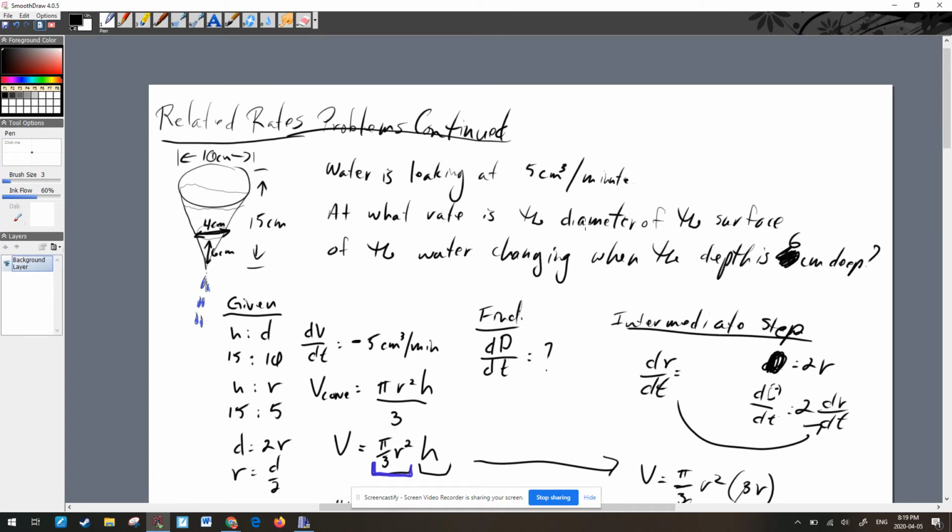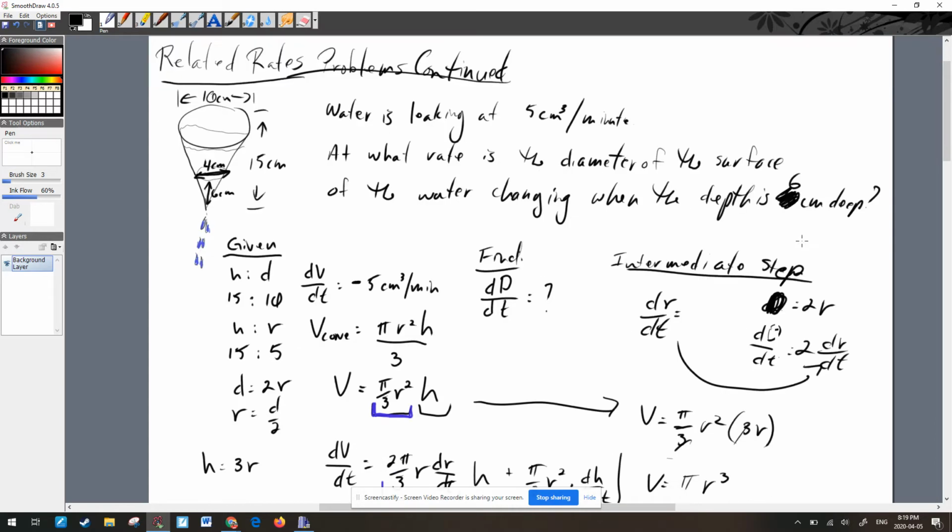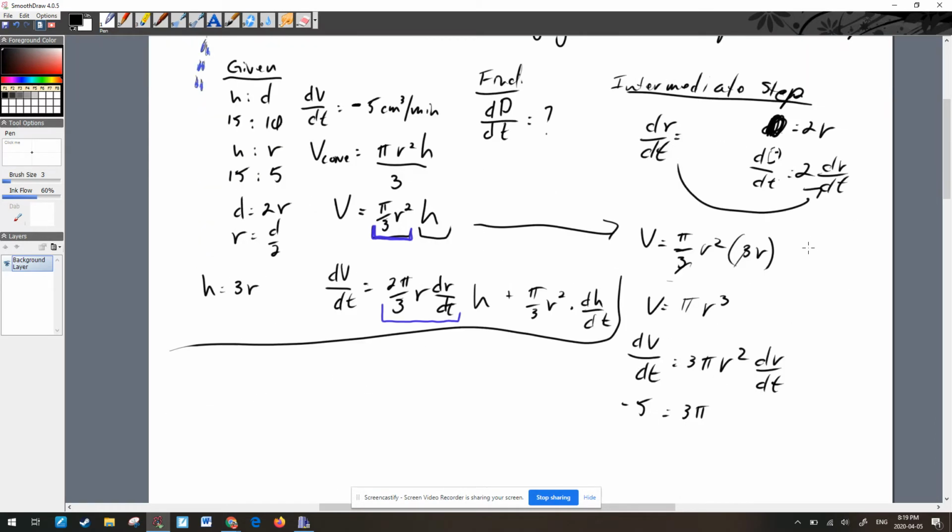It said when the depth, which is the same thing as the height, is equal to 6 centimeters deep. So our snapshot is that height is equal to 6 centimeters. This is the relationship for height, so 6 is equal to 3r. Divide both sides by 3, and we find that r is equal to 2.